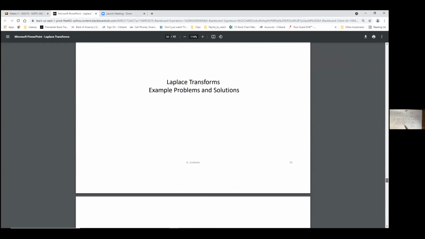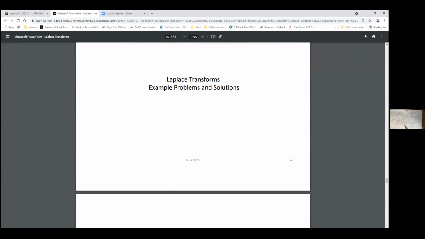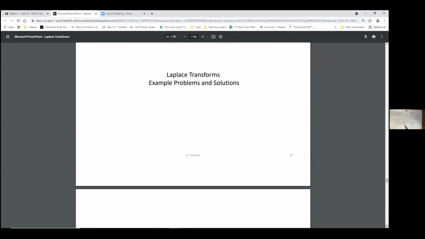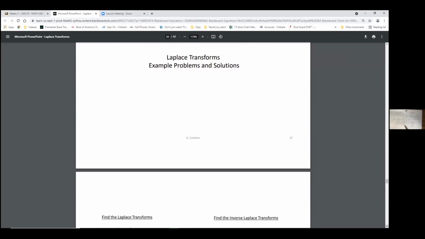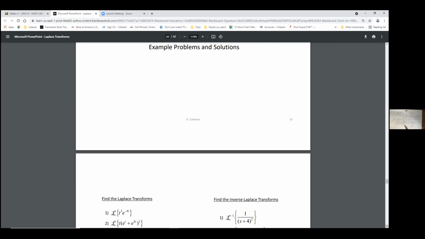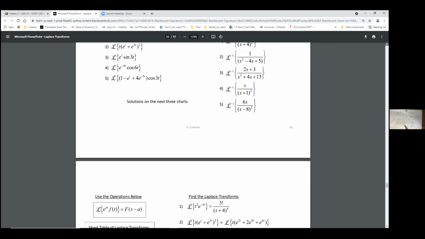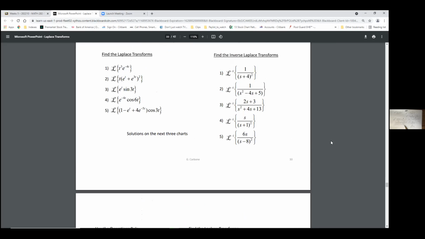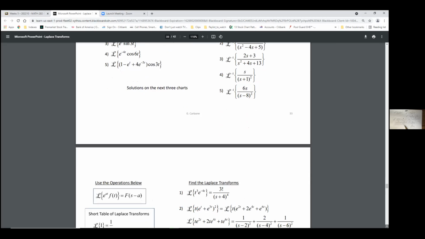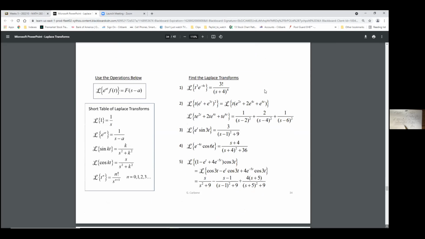So we just did some of the problems, like for example this problem here.